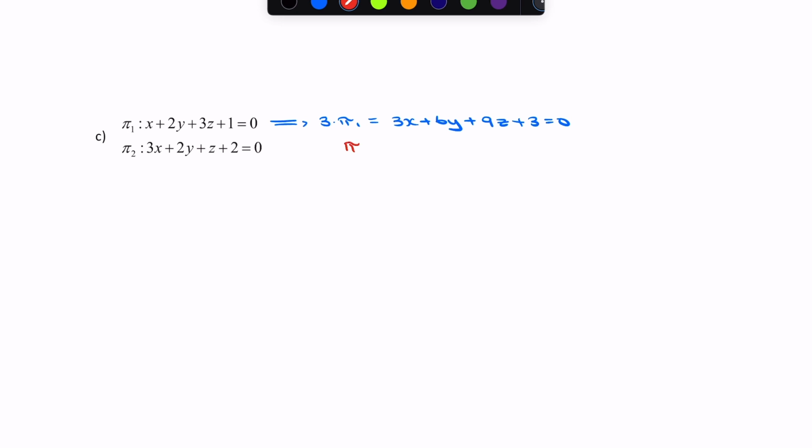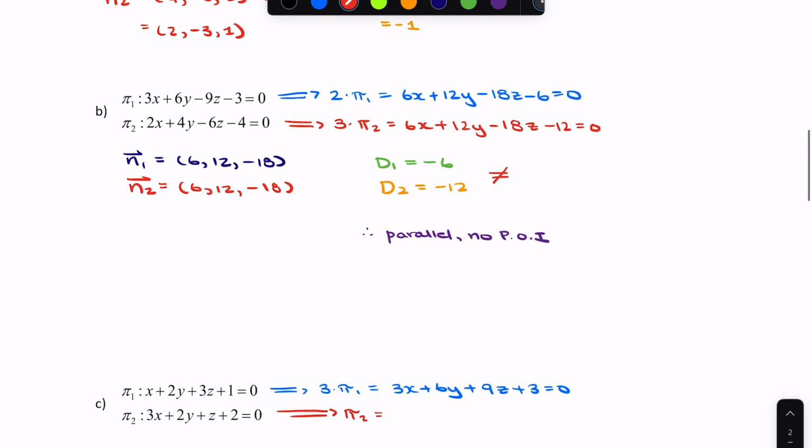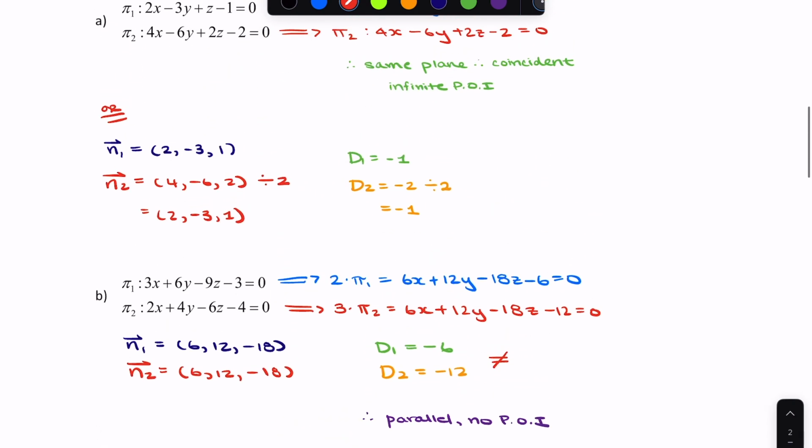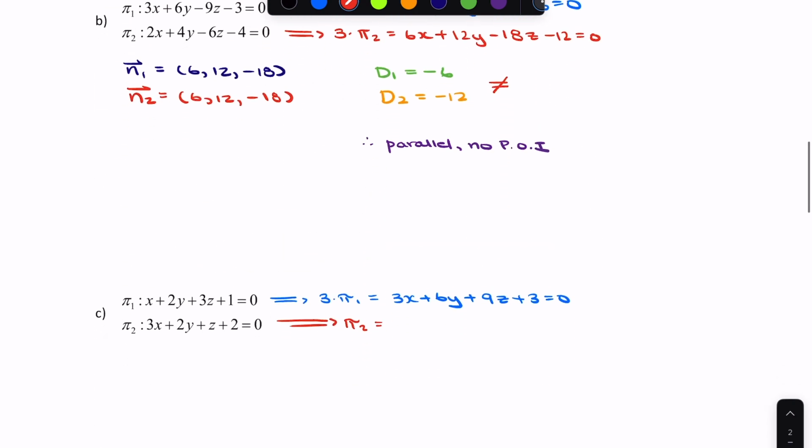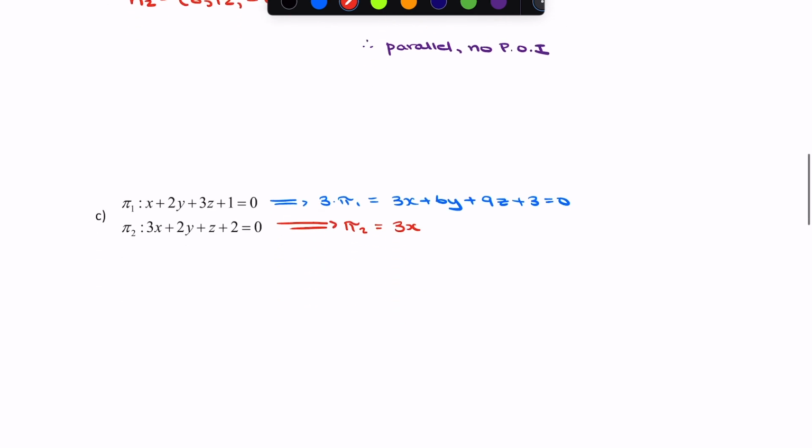And for our second plane equation, that's equal to 3x plus 2y plus z plus 2 is equal to 0.